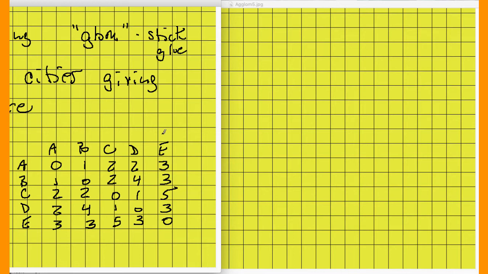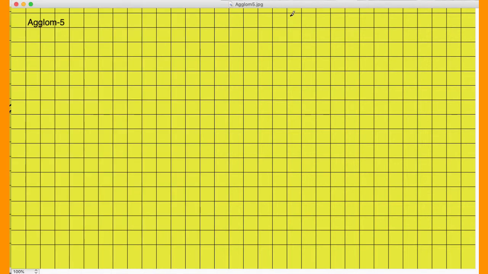Now, a couple of things I want you to notice here. Over here, it looks like the distance between A and B is 1. And it also looks like the distance between C and D is 1. So what I'm going to do over here is create something called a dendrogram, which is a very useful thing to have.